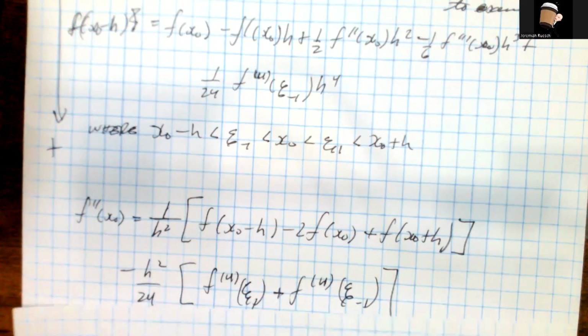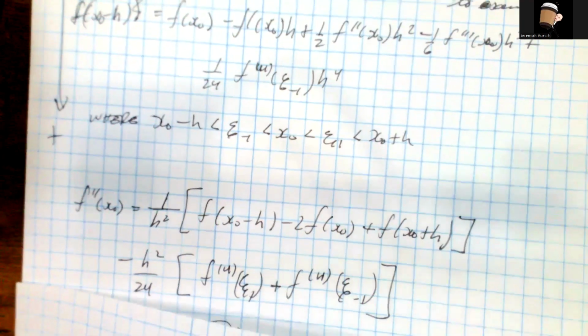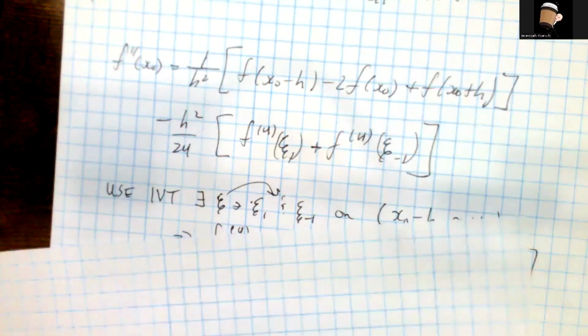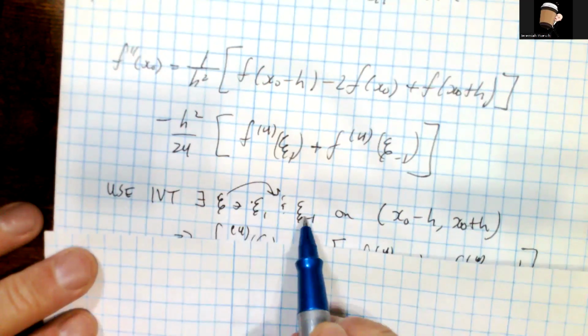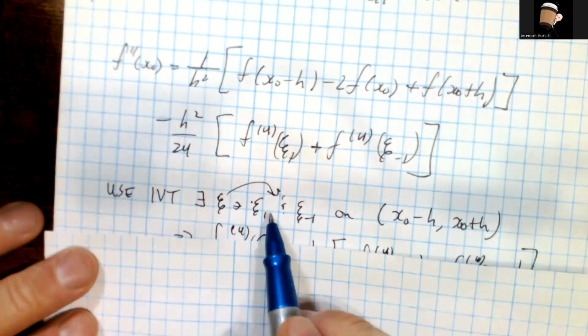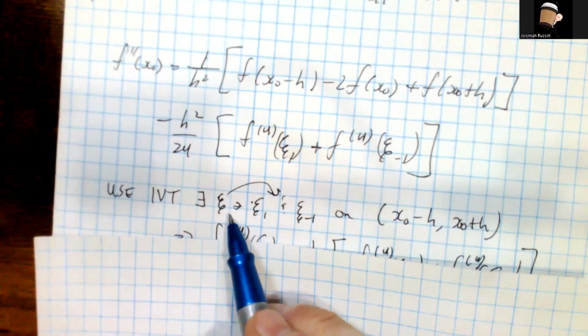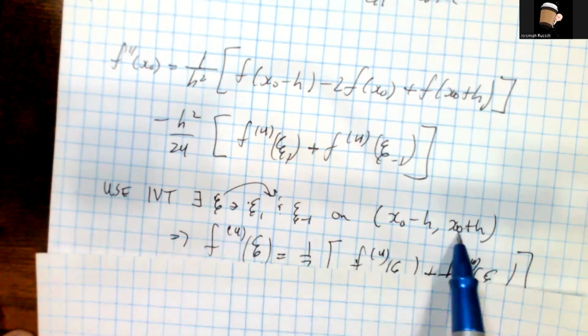Okay, and so at this point, with the correct assumptions on our function, we can use the intermediate value theorem and find a way to express these two individual error terms as an exploration of a single error term on this interval.